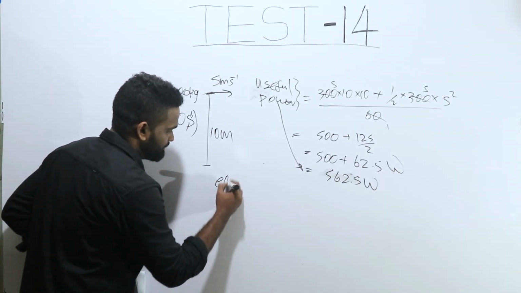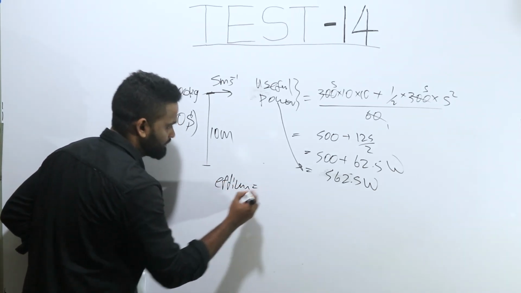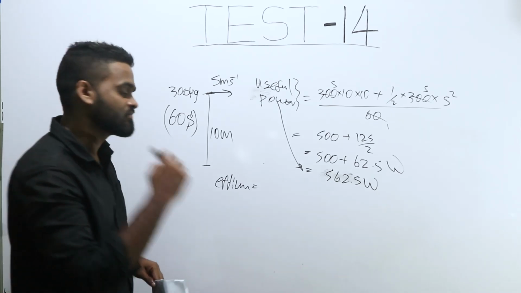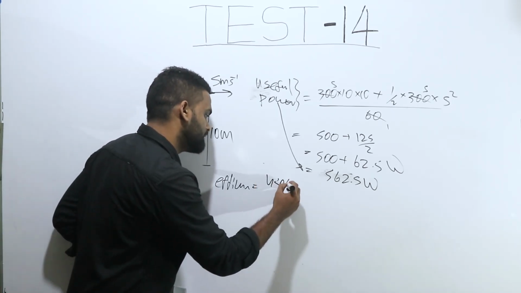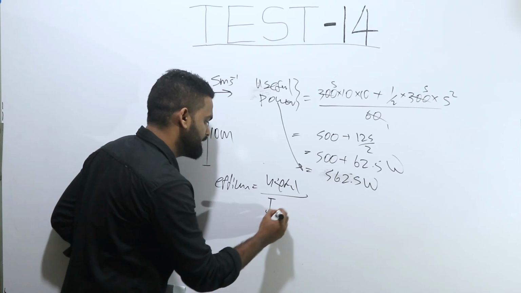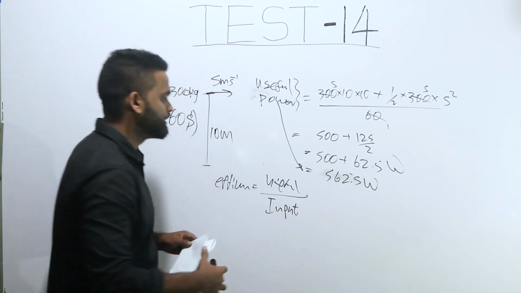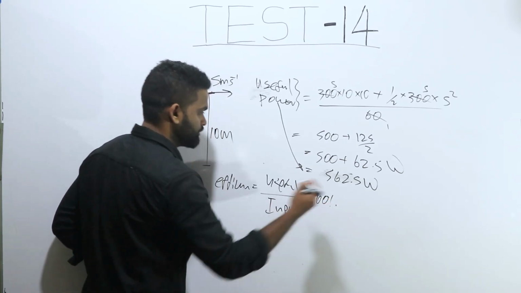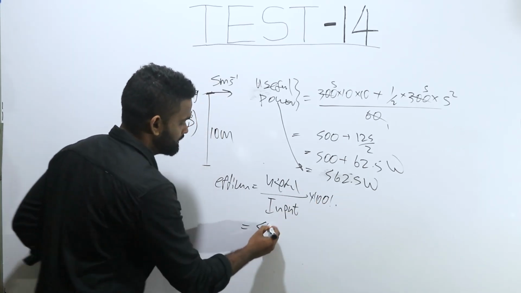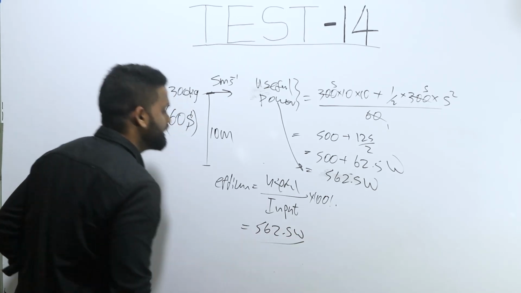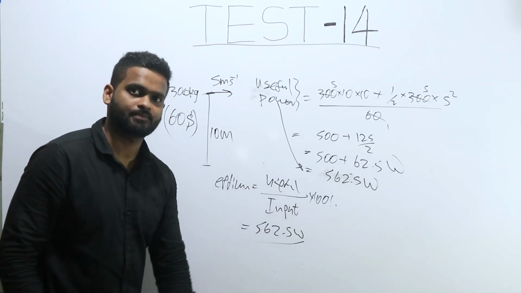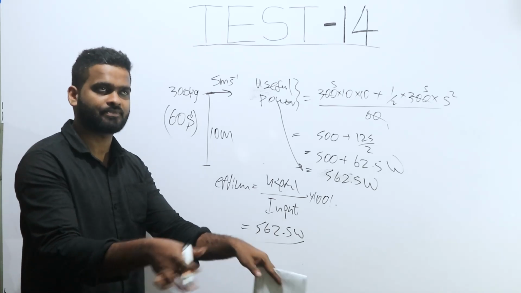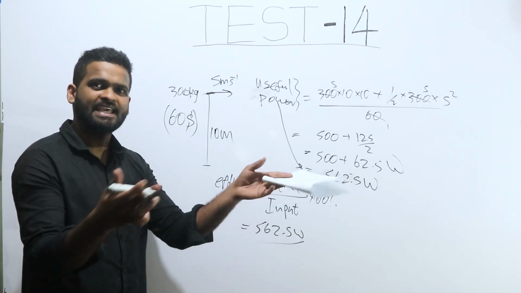So, if you remember, efficiency is equal to what? Useful divided by input, times 100%. So the useful amount is 562.5 watts. Input is 1000 watts. The remaining energy is dissipated as heat.